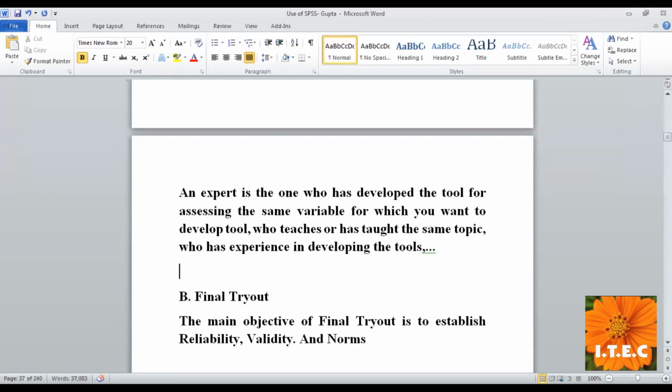You will be analyzing item number 1: of the experts who have given responses, how many have given any suggestion or improved the item. If you find no one has improved the item and they say it is all right, then this item is selected. Then you see the second item.